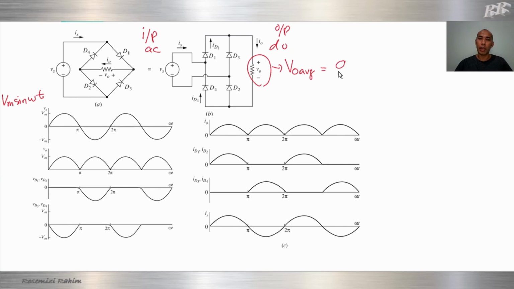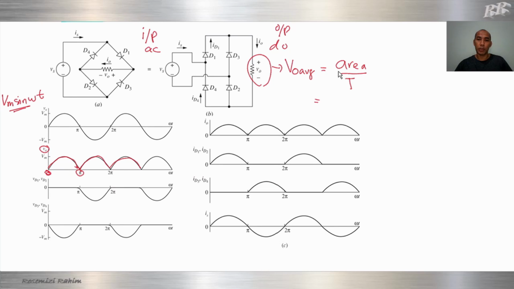It is equal to area over period. Our output is here, Vout. So we have a curve like this, a sine wave, and it repeats the same curve. So we just derive the equation for 0 to 2 pi, and the others are just repeating.